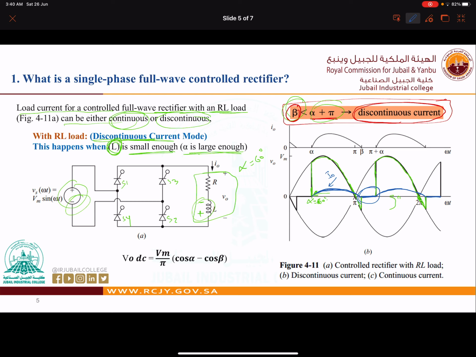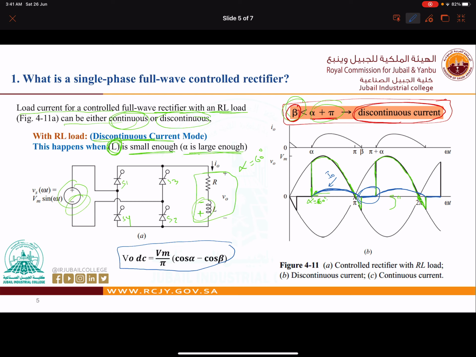Inshallah, in the coming slide, we will see the continuous mode. The current will not go to 0, Shabab. The current in continuous mode will not go to 0. And in discontinuous current mode, Shabab, we know that the V out DC is V maximum divided by pi, cosine alpha minus cosine beta. Now this is the formula for V out.